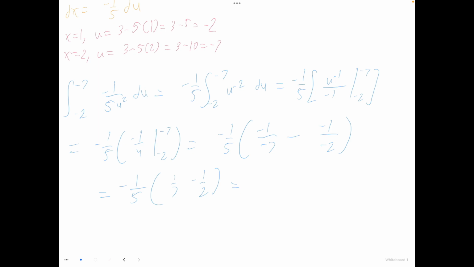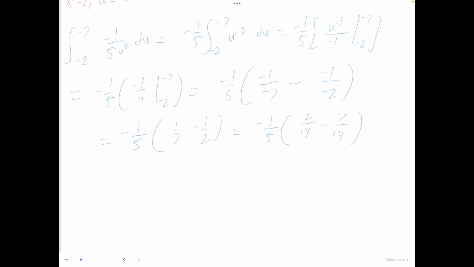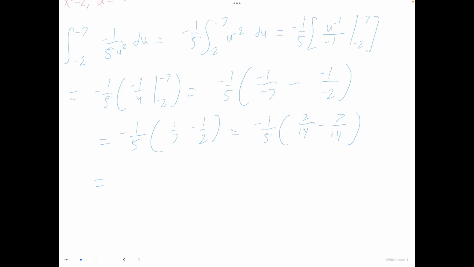Getting a common denominator, we're going to have negative 1/5 times 2 over 14 minus 7 over 14. So negative 1/5 times negative 5 over 14. And now when we multiply that through, we get 1 over 14. And so that whole definite integral becomes 1/14.